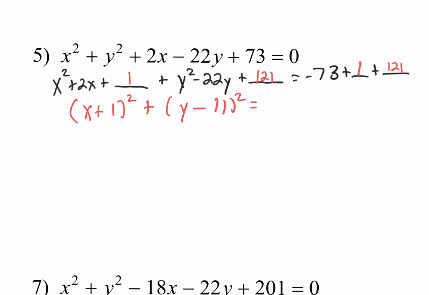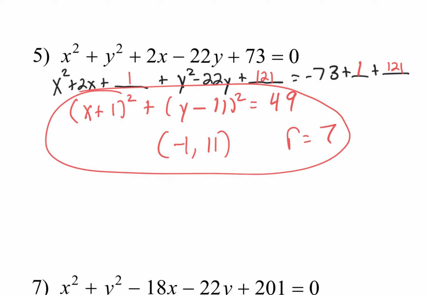Equals negative 73 plus 1 plus 121, which is 49. Center is at negative 1, 11. Radius is equal to 7. Way to go. A little quicker this time. Nicely done.